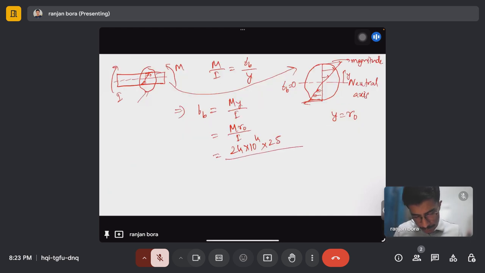I was 181132. So it will be 33.12 megapascal.